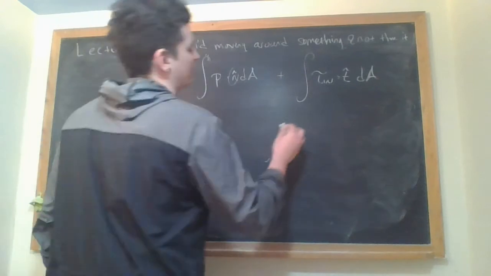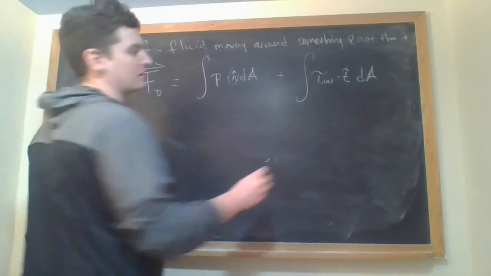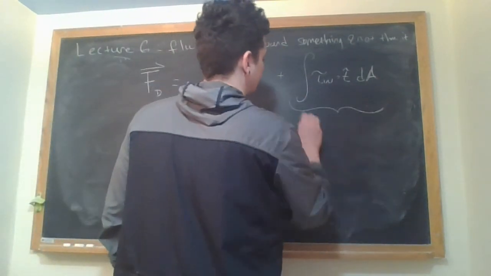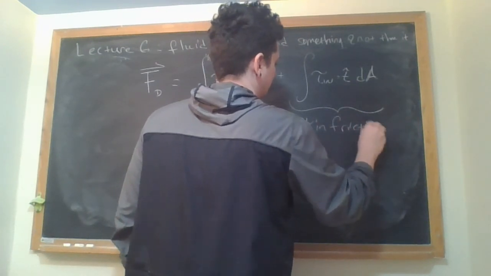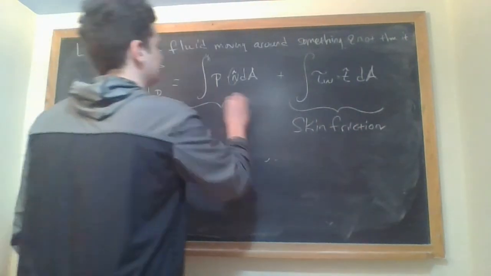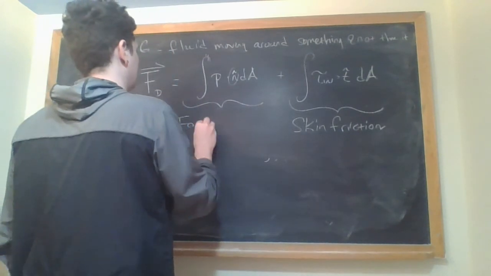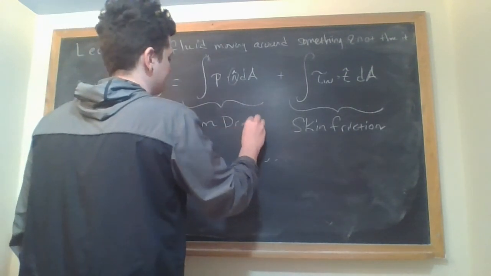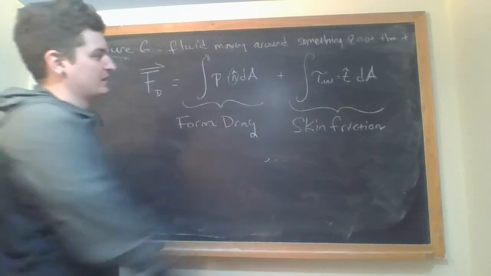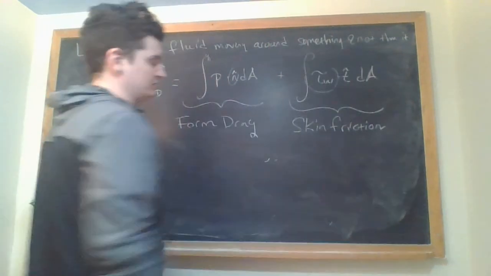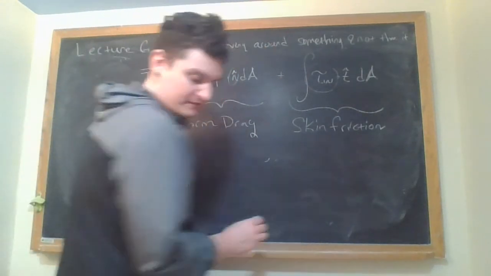So for the first part of this external flow, the hardest part is this part, which is called skin friction. This other one is form drag. Most of the work will be here, because we'll do this analysis to calculate these coefficients.